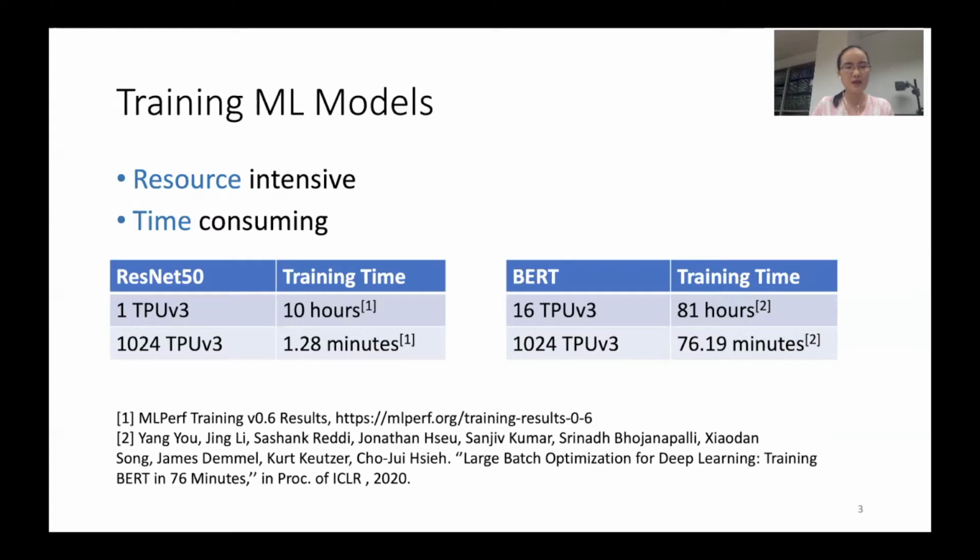For example, it takes 10 hours to train the ResNet-50 model on a single TPU, and it takes 81 hours to train the BERT model on 16 TPUs. If we have more than 1,000 TPUs, we can finish the ResNet-50 model training in around 1 minute, and also finish the BERT model training in around 1 hour.